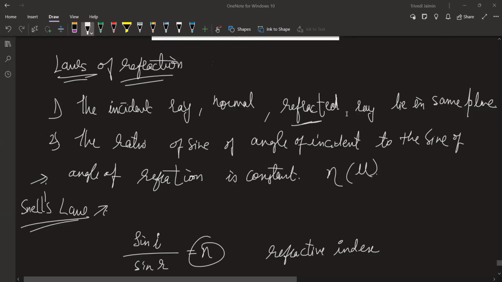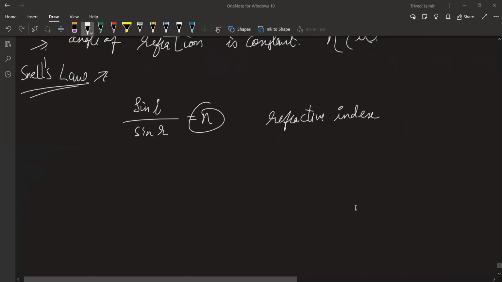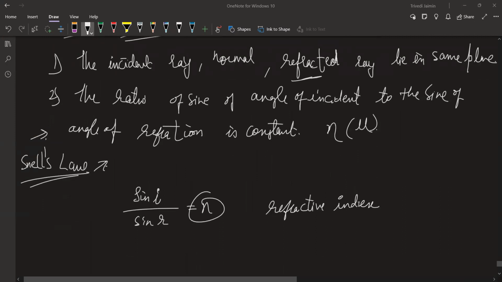Nihal, Ritvik, Rohit, Saicharan, Satvik, understood. Sharanya, Udbhav, Ujjwal, all of you, right?